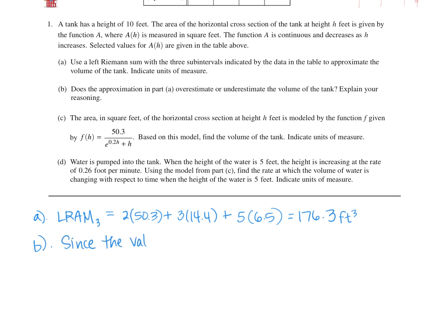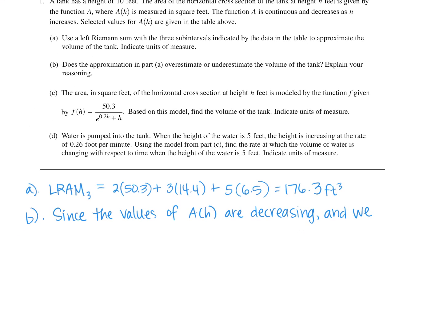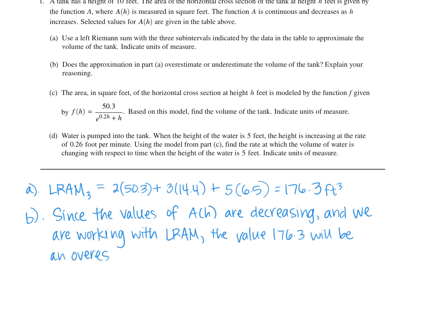So part B, since the values of A of H are decreasing, and we are working left to right, or you can just say we're working with LRAM, the value 176.3 will be an overestimate of the actual volume.